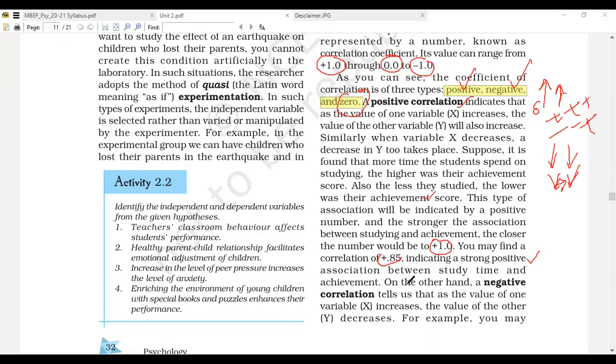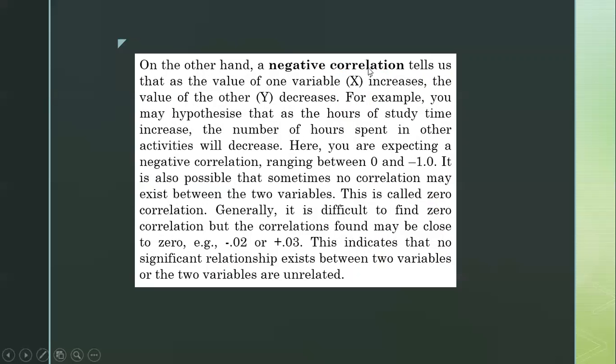On the other hand, a negative correlation tells us that as the value of one variable increases, the other decreases.